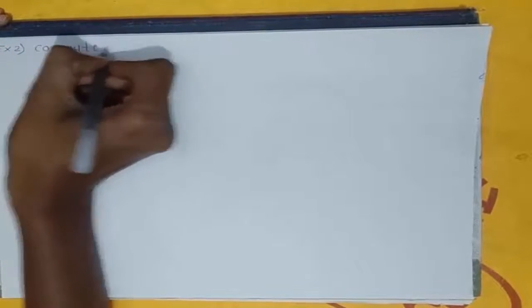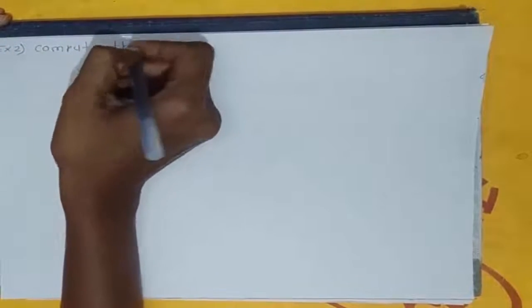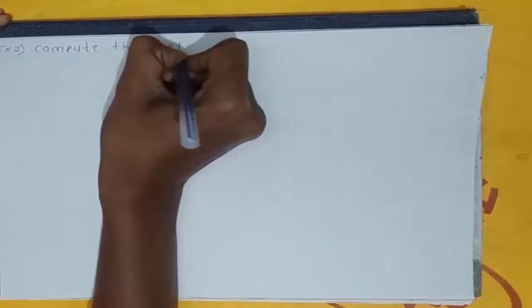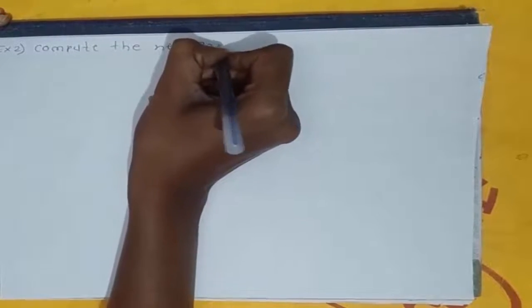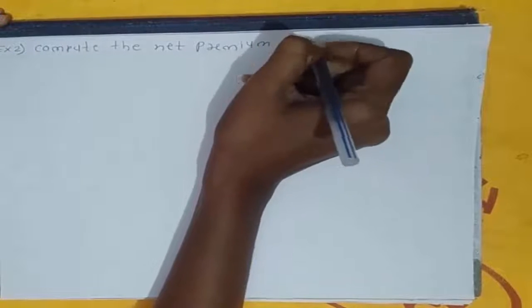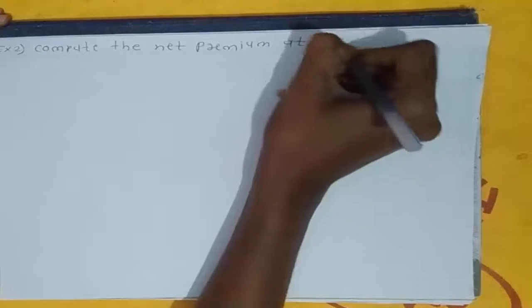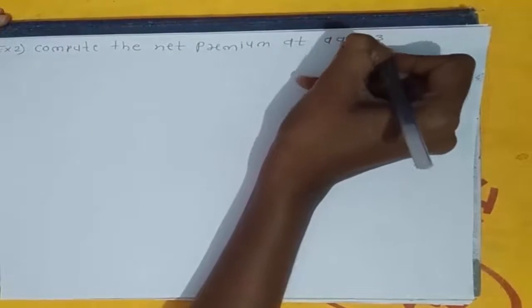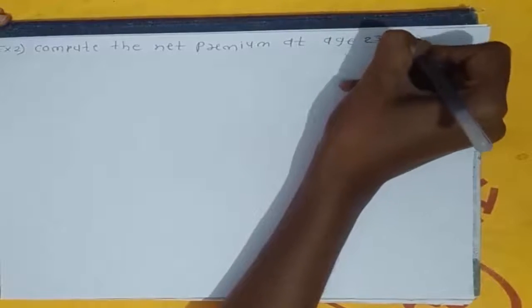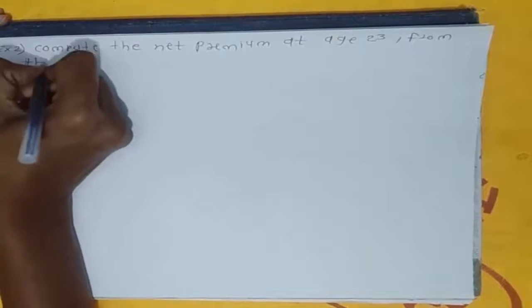Okay, so we see here the next example, example number 2. We write first: compute the net premium at age 23 from the following table.